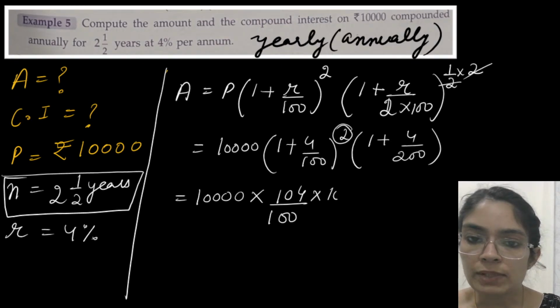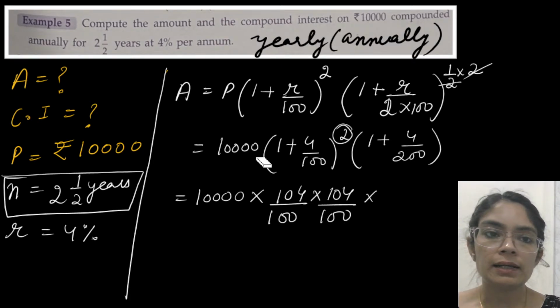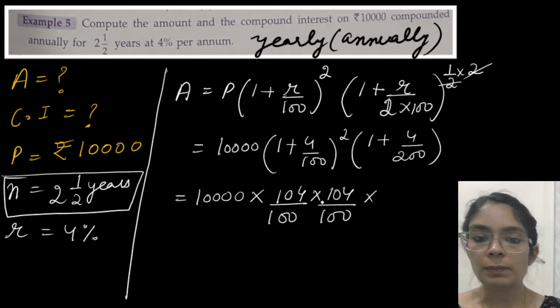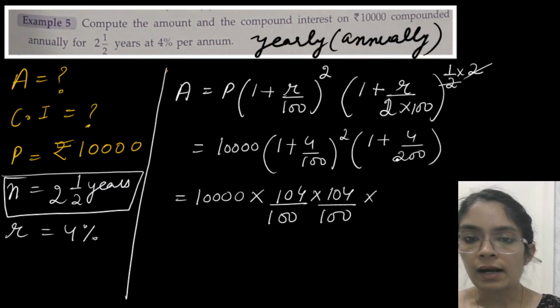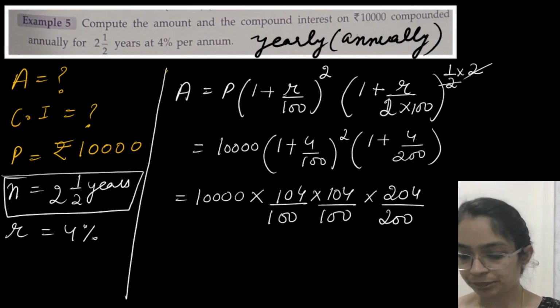So 2 times we can write directly 104 by 100. And here, adding denominator and numerator, it will become 204 by 200.